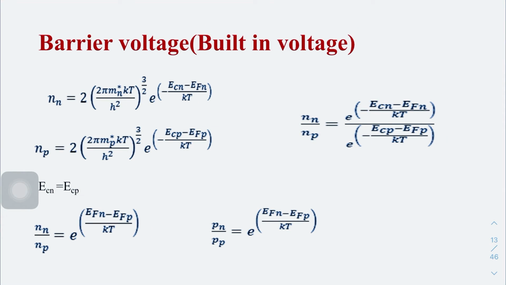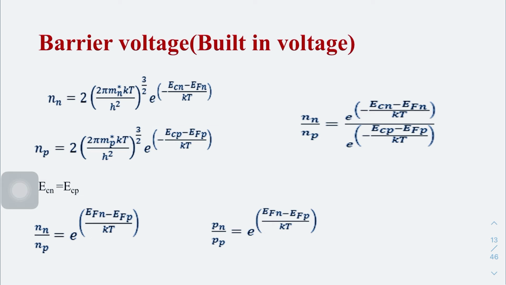And now let us derive the built-in voltage or the barrier voltage inside the p-n junction. We know that we have minority current carriers and majority current carriers.